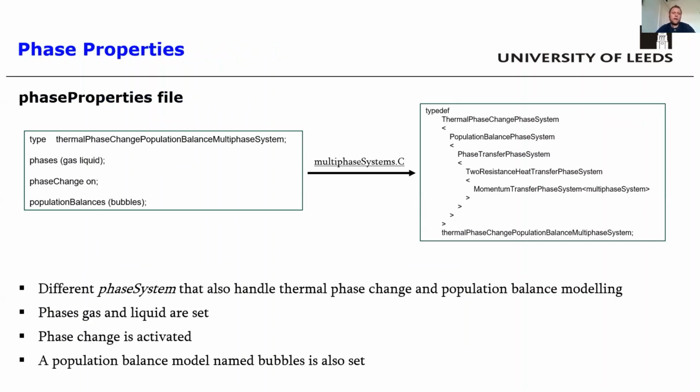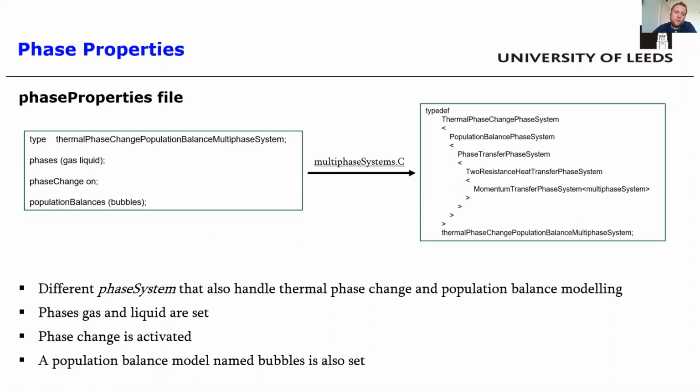Now, let's talk about the differences in the phase properties file, again, where we define all our interfacial interaction. We use the thermal phase change population balance multiphase system, quite complex. It is defined here on the right. You see all the different phase systems that are used and active.